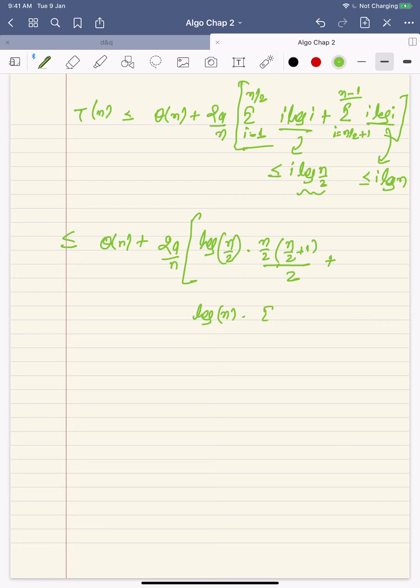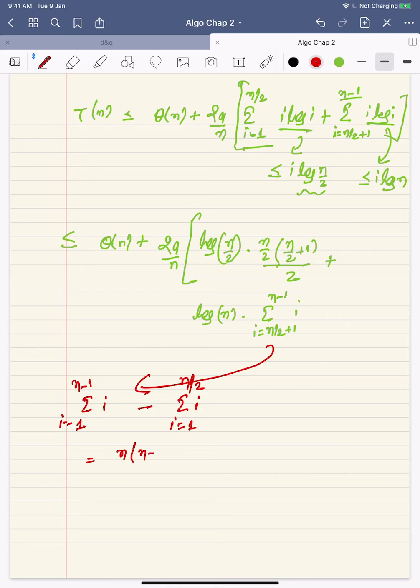summation i equal to n by 2 plus 1 to n minus 1. Okay, so now what is that, this one I will just compute separately. So this will be summation i equal to 1 to n minus 1 minus summation i equal to 1 to n by 2. So that is n times n minus 1 by 2 minus n by 2 plus 1 by 2.